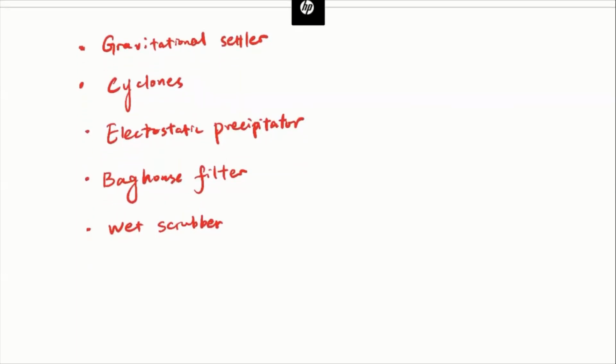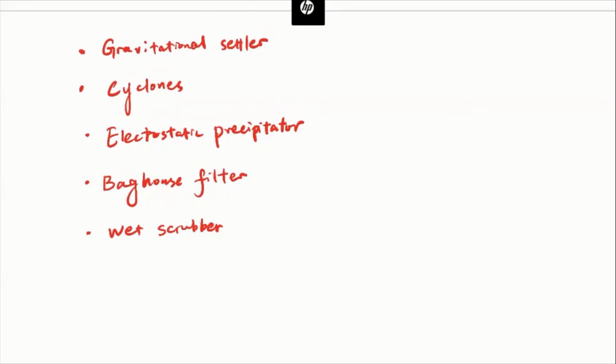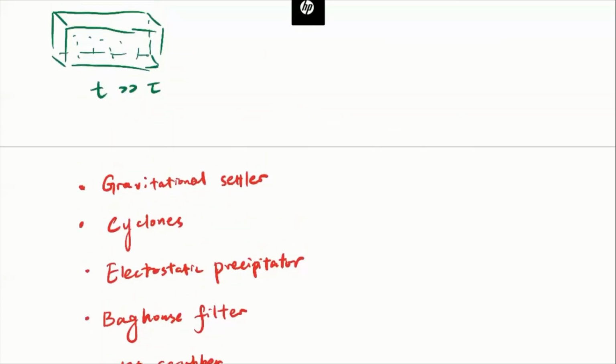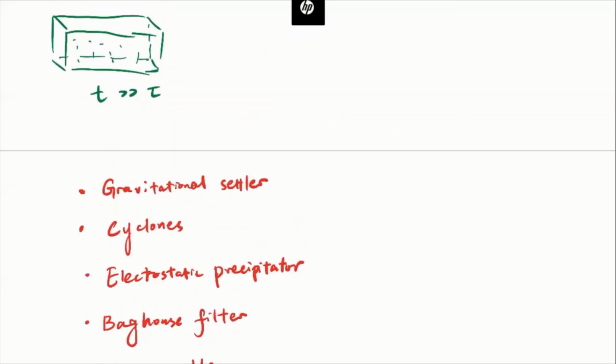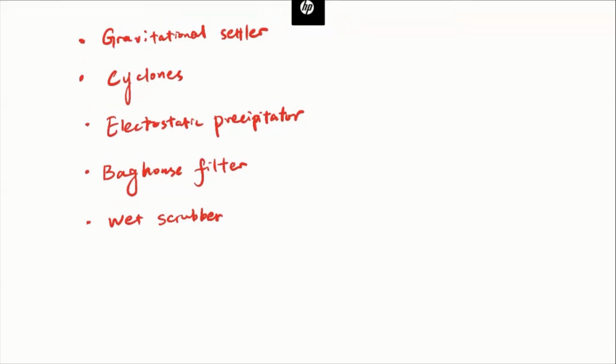So a lot of them, you can just tell the mechanism by their names, right? The gravitational settler is just this duct here. You want to remove the particles by settling them down, right? The cyclone uses a similar mechanism to, for example, tornadoes or hurricanes, right? So cyclones are basically rotational movement of the airflow.